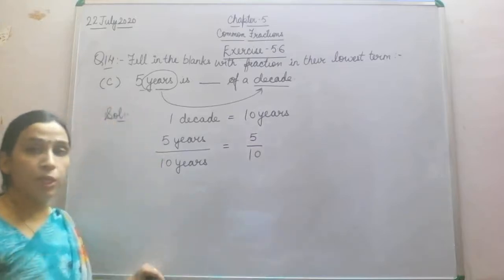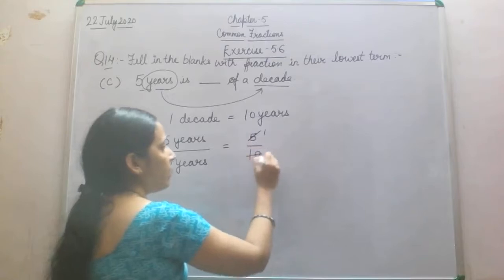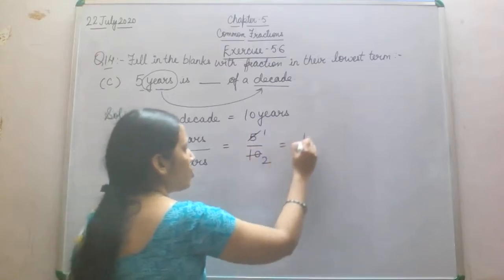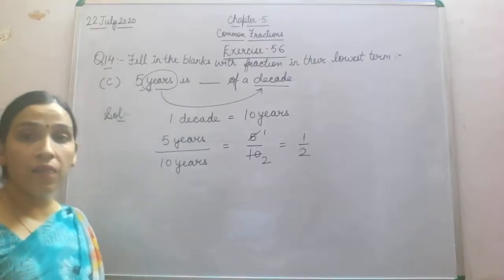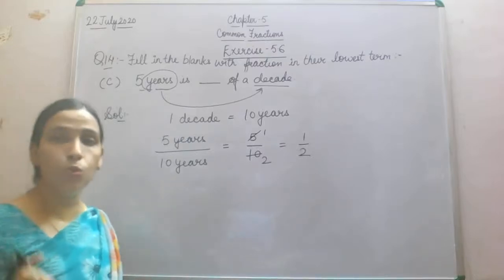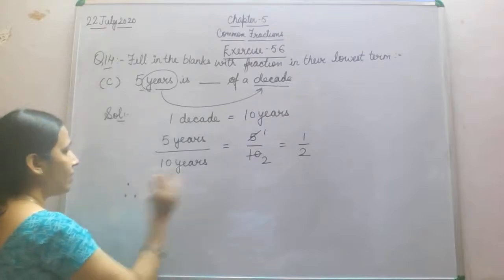Now you have to reduce it into its lowest form. 5 ones are 5 and 5 twos are 10. So 1 by 2 will be the required fraction. 5 years is 1 by 2 of a decade or half of a decade.